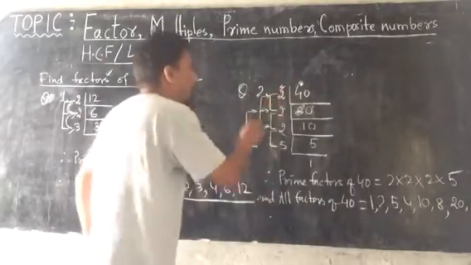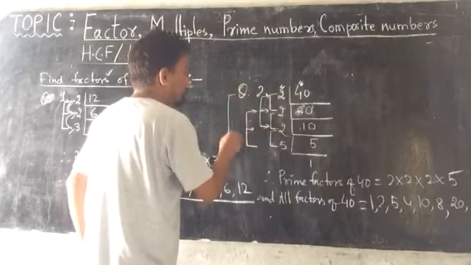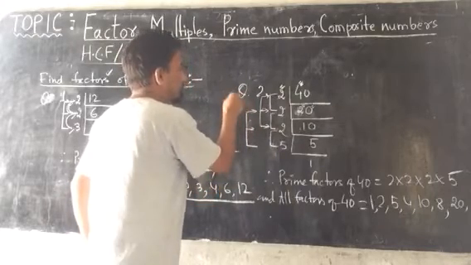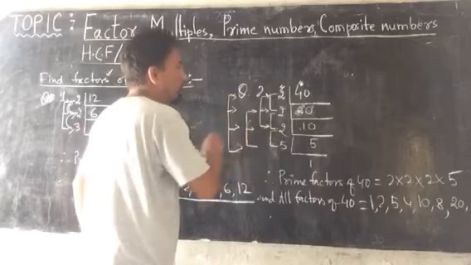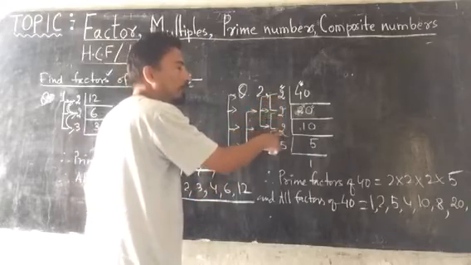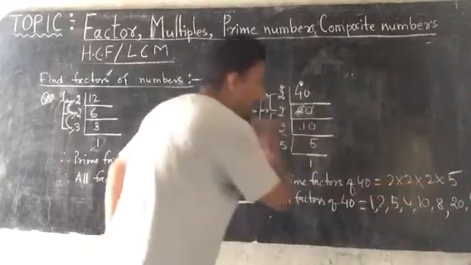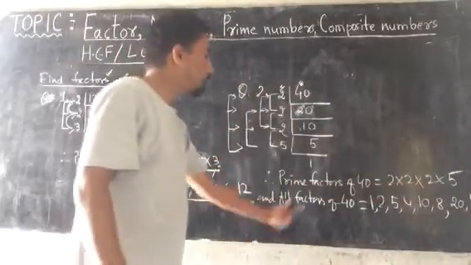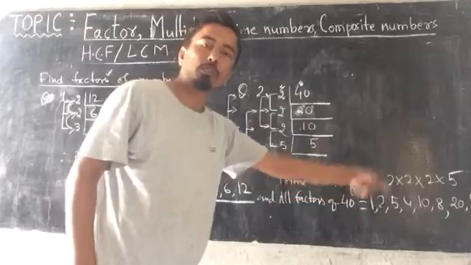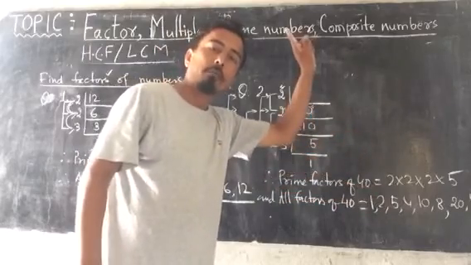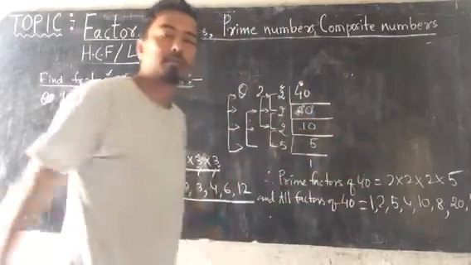Now you multiply all 4. 2 2s are 4, 4 2s are 8, 8 5s are 40. So these are all the factors, all types of factors, meaning all composite factors and all prime factors. Both types of factors have come here.